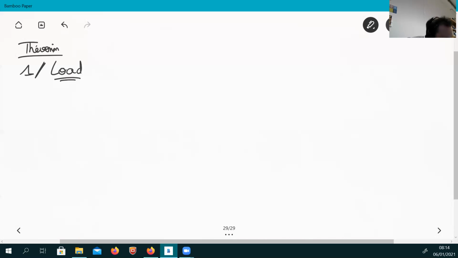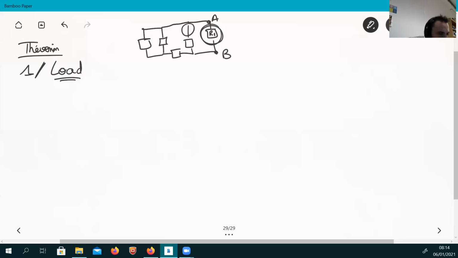If I just take this quick circuit, and if I want to apply Norton theorem between A and B, this R1 is called the load.